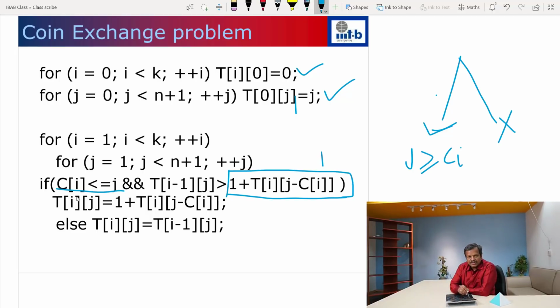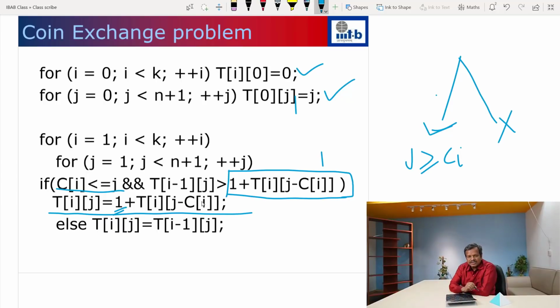If I am allowed to pick the ith coin, and the option of picking it has a value smaller than the option of not picking it, then I am going to set t of i comma j equal to 1 plus t of i comma j minus c of i. Because I have picked the ith coin, the count will increase by 1, and in the next iterations I have to worry about paying for j minus c of i.